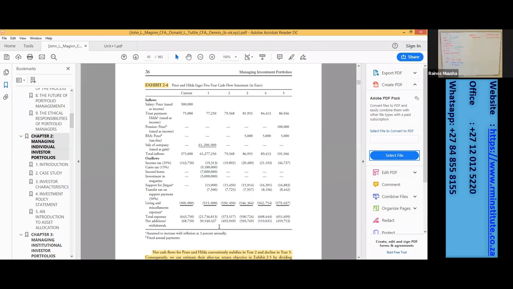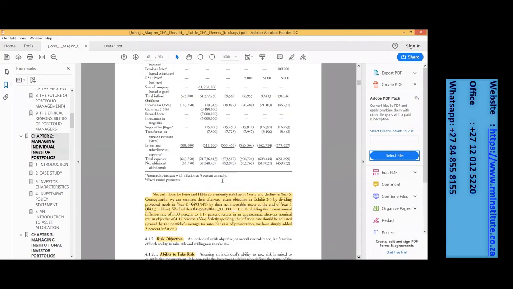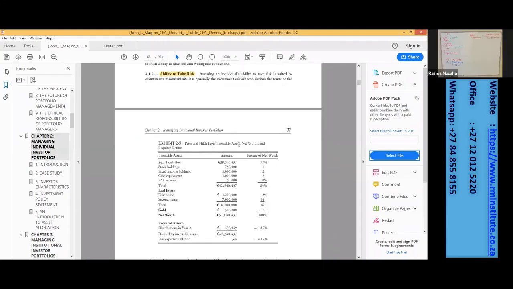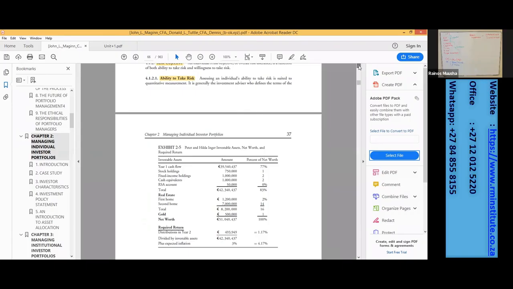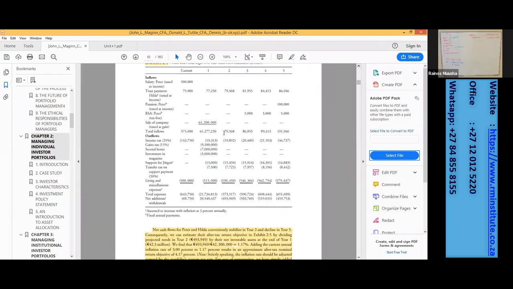Based on this, you will see exactly how much the withdrawals are going to be. Then you also need to determine exactly how much investable assets you have. The reason you need to do that is because you need to determine the return requirement at the end of the day. So to get the return requirement, you need to prepare this cash flow statement as well.